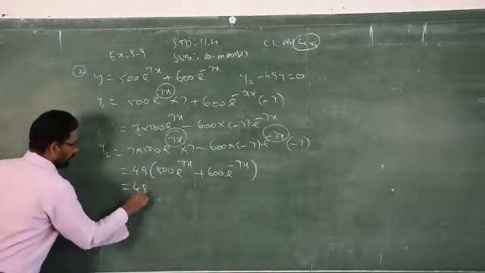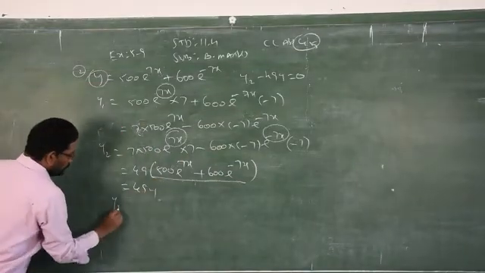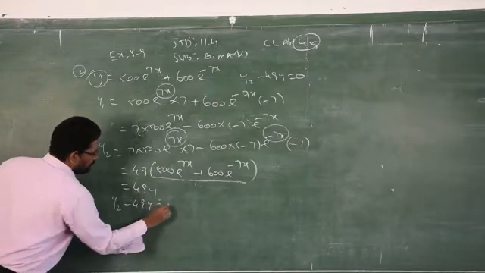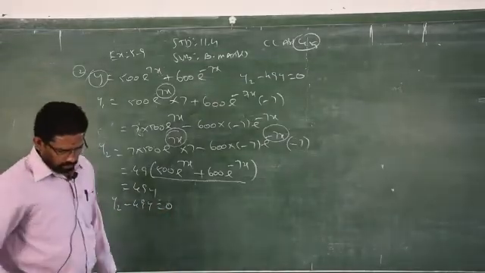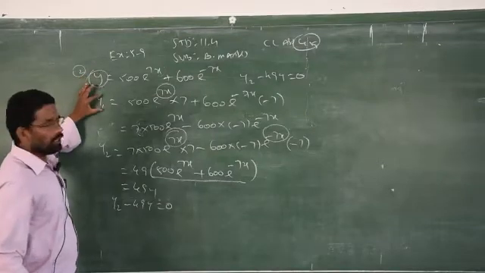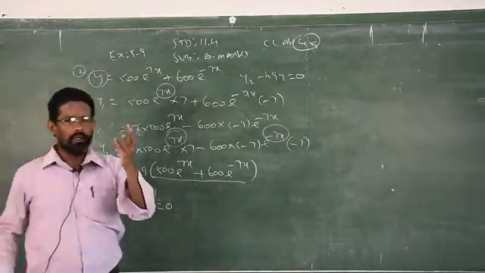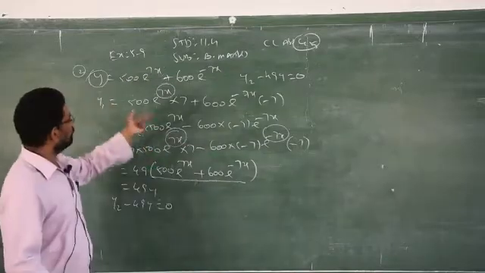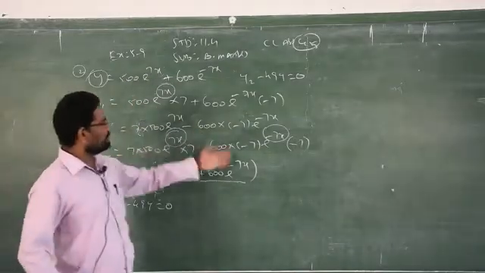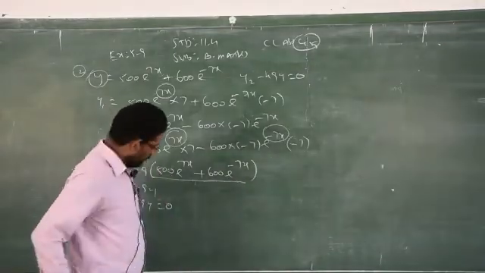So 49 times this is the given y. So y2 minus 49y is equal to 0. That is what you had to prove, so we proved the result. Just differentiate. y1 stands for first order. In logarithm, ratio and exponential, first differentiate the exponential form and proceed, and you will get the answer.